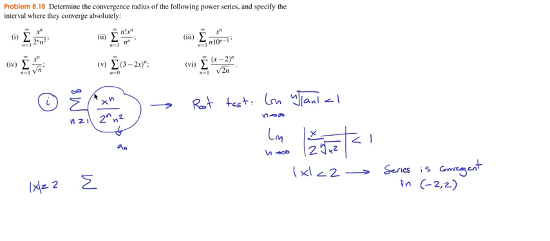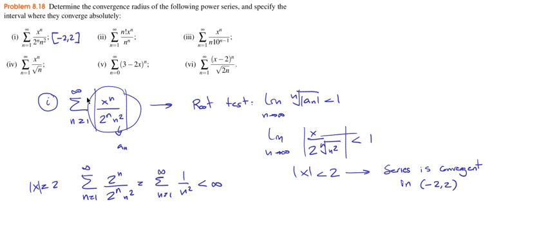The absolute value of this is 2 to the n divided by 2 to the n squared times n squared... this is the series, the same as the sum from n equals 1 to infinity of 1 over n squared, and we know that this is convergent. So this series is absolutely convergent in [-2, 2].